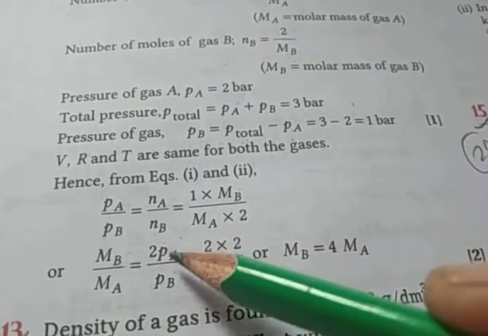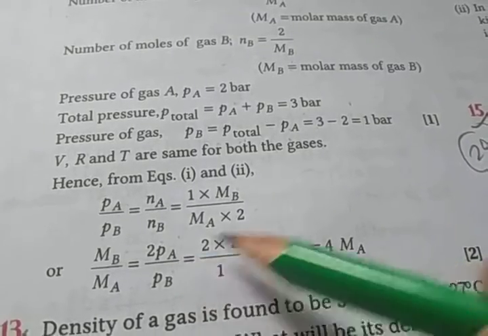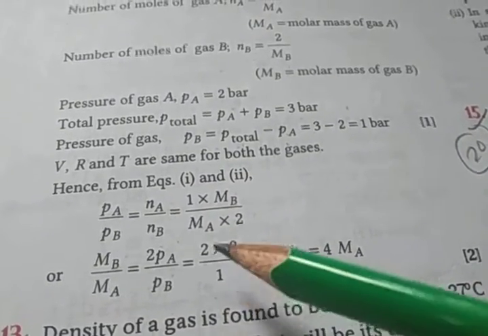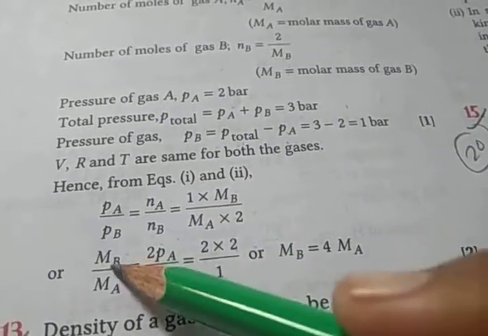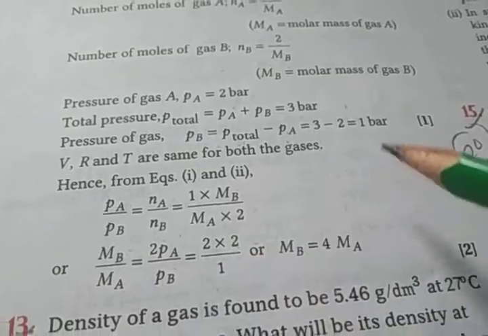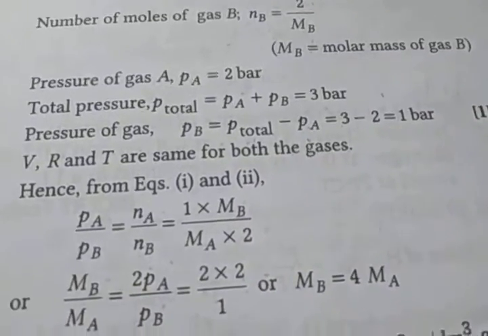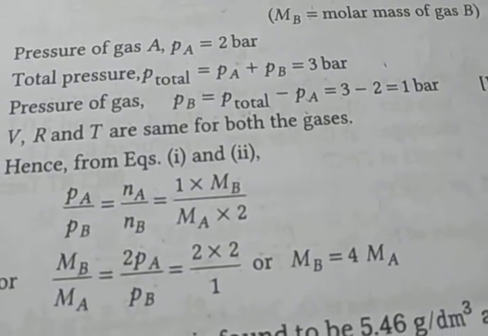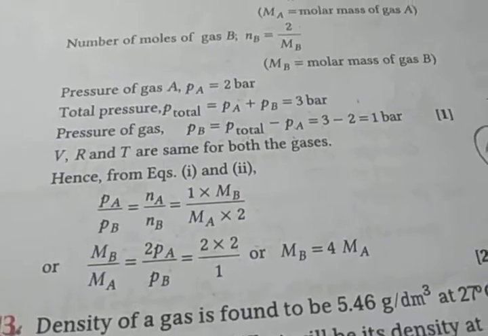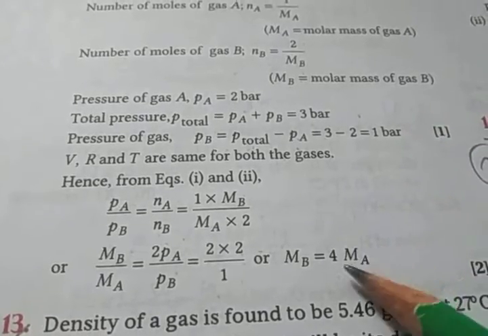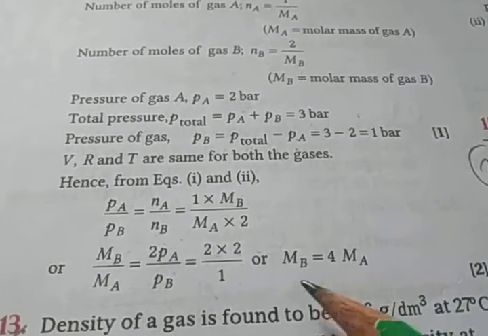Pressure for gas A is 2, so 2 into 2, divided by pressure of B, 1. So 4 upon 1, which means MB is equal to 4 MA. Clear? So the relationship between their molecular masses: the molecular mass of gas B is 4 times greater than A.